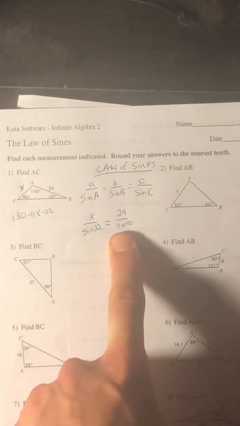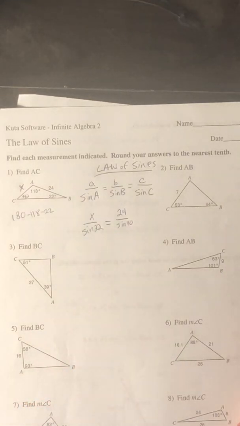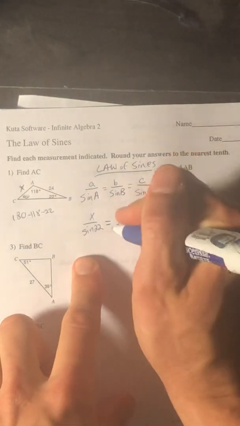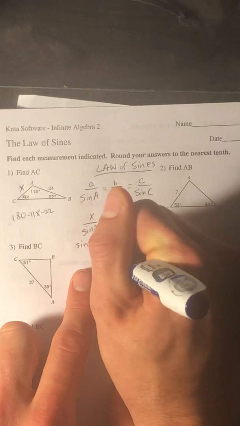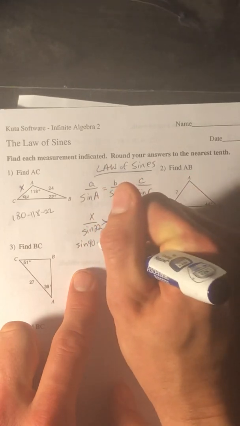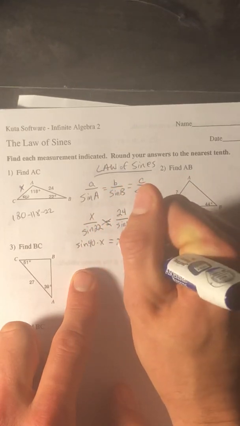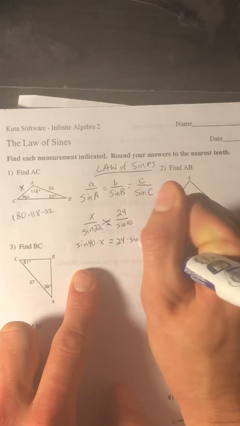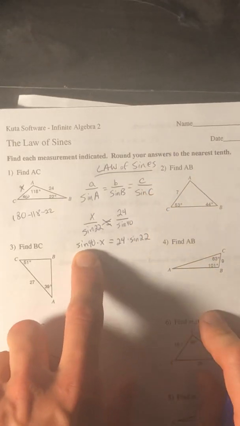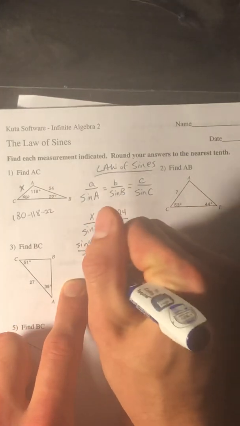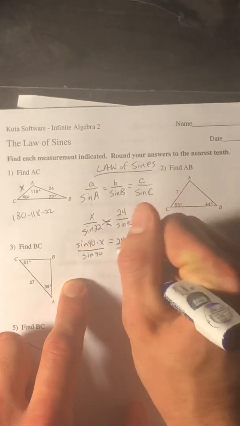And from here, you're going to solve as a proportion. So if you remember solving proportions, you're going to cross multiply and then divide. So I'm going to cross multiply here and here. So sine 40 times X is equal to 24 times sine of 22. And then I'm solving for X, so I'm going to divide by sine of 40.